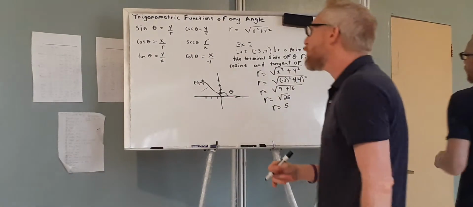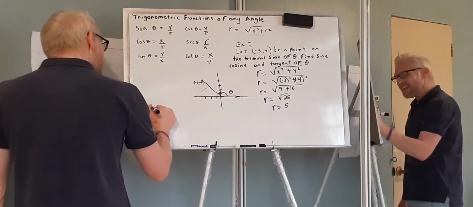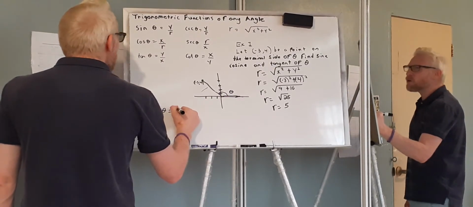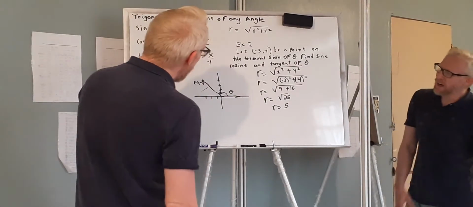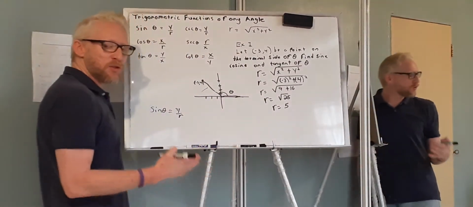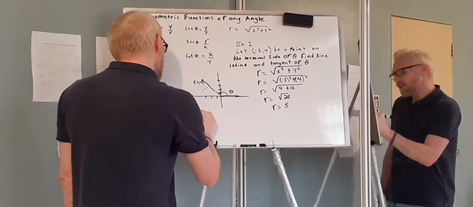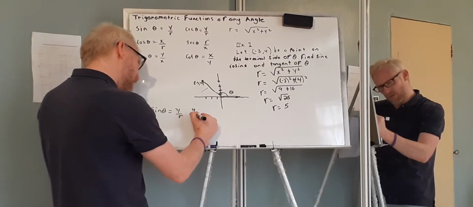So let's look at the formula. First formula says that the sine of z is y over r, excuse me. The y of course refers to the y coordinate, which is 4, and the r in this case is the r that we got, 5, so 4 over 5.